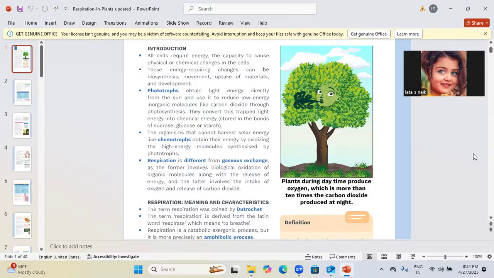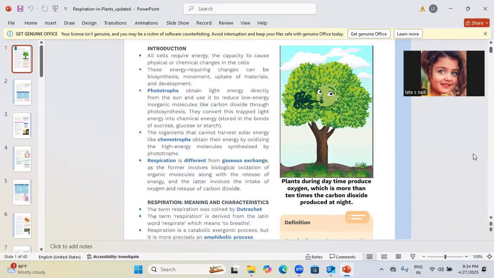Now, in photosynthesis, we have seen how the phototrophs obtain light energy and use it to reduce the lower energy inorganic molecules like carbon dioxide through photosynthesis.